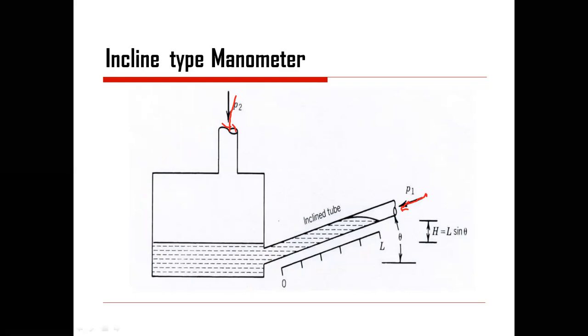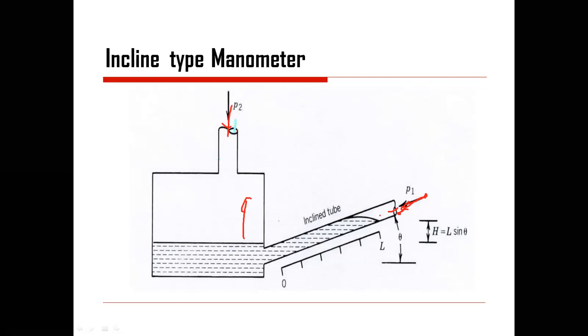One may be atmospheric pressure and one may be unknown pressure, or both may be unknown pressures, but whichever is the greater one, suppose I have applied a greater pressure P2 over here, there will be variation. The greater side will move in the downward direction, and the other will try to move in the upward direction.